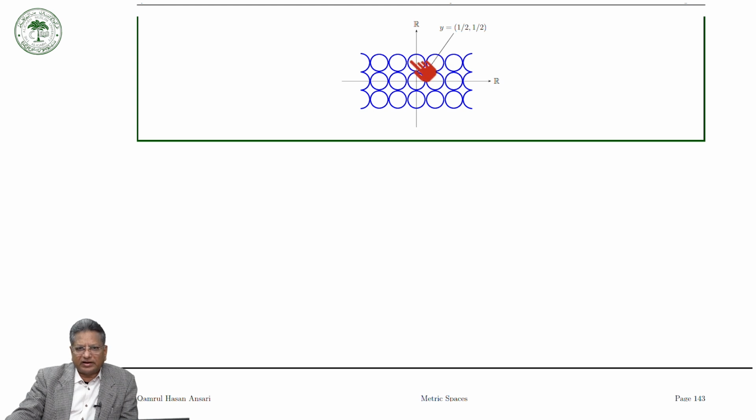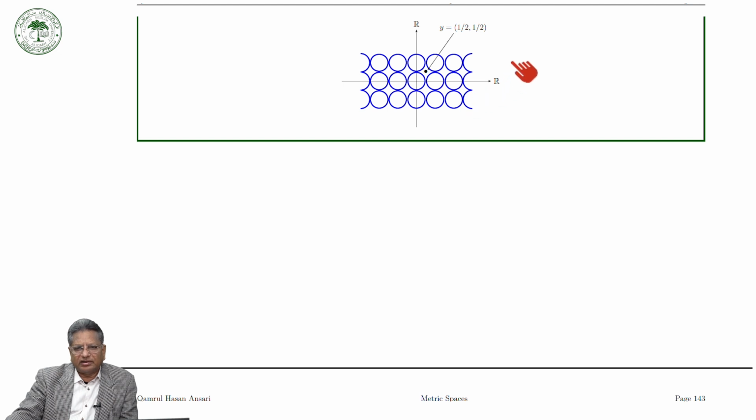But you will see that we will get it like this. So here we have gaps. So this point (1/2, 1/2) does not lie in any sphere. Similarly, all the points here do not lie in any open sphere, and you can consider the points here and here and here and so on.